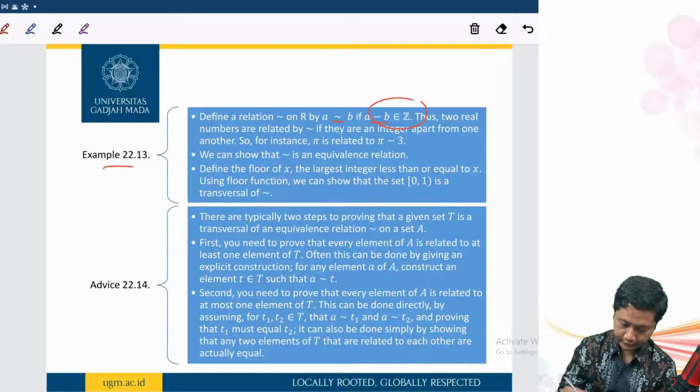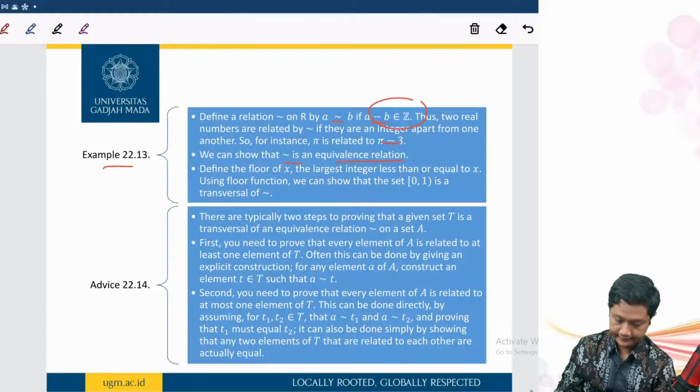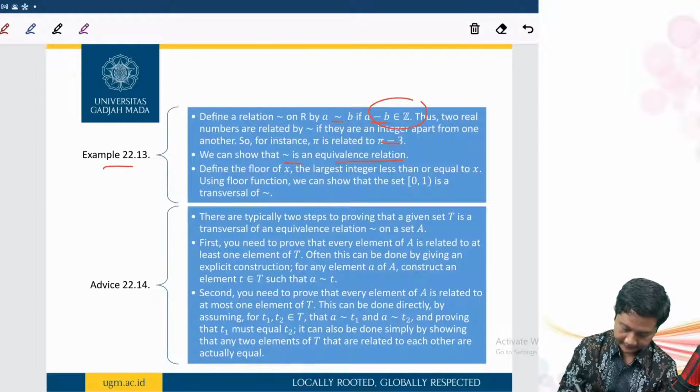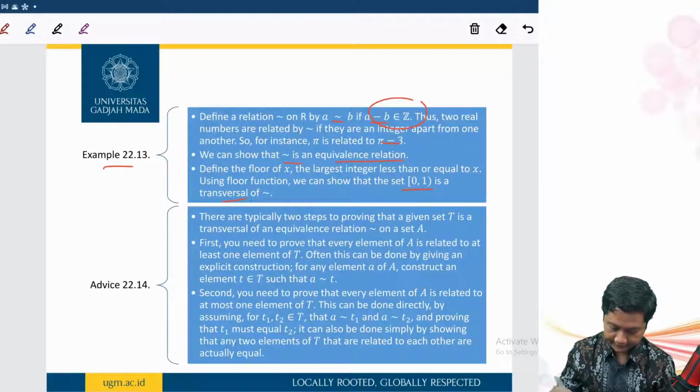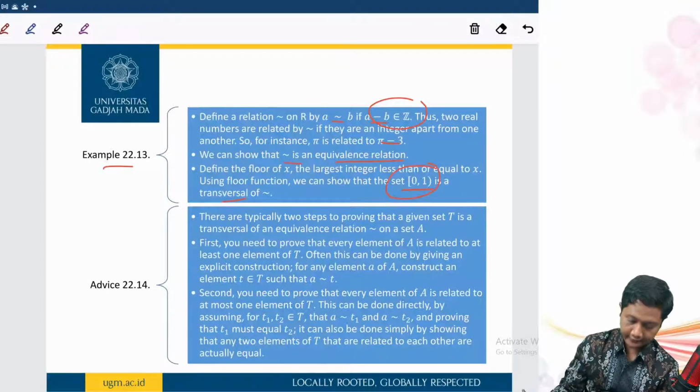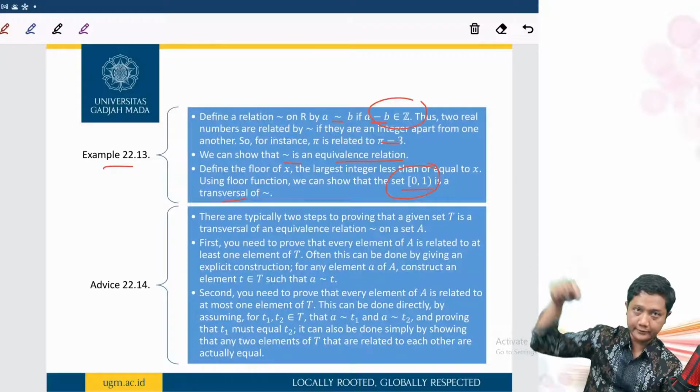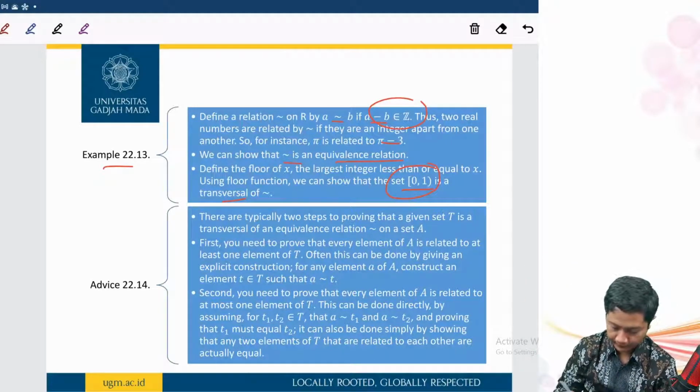And this is another example when we have this relation. We can show that this is an equivalence relation, and we can see the transversal should be here. Why? Because when we take the floor function of a real number, and subtract the integer part from it, then we go back to here.